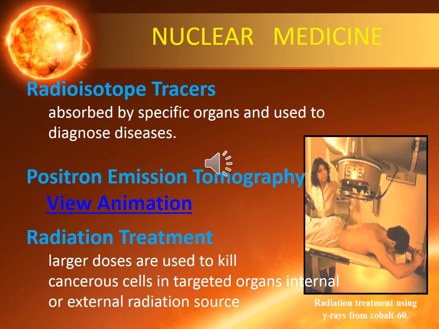There are numerous applications of nuclear chemistry in the medical field. Radioisotope tracers are absorbed by specific organs and used to diagnose disease. Take 5 or 10 minutes and read Chemistry and Life: Medical Applications of Radiotracers on page 893 of your textbook.